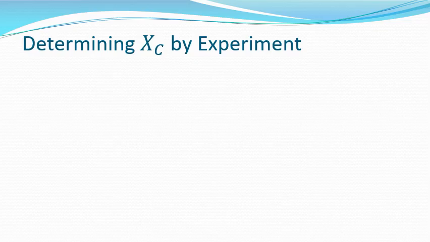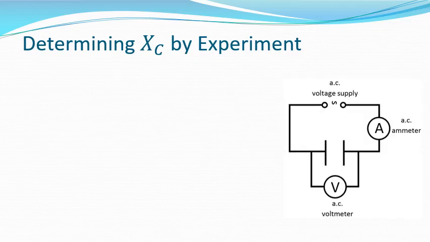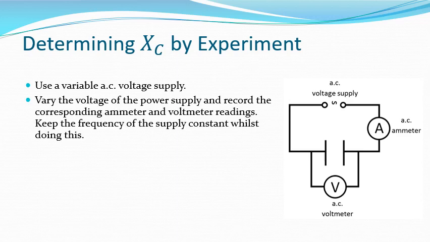A much better way of doing this is to work out the reactance across a range of different voltages. So if we take a variable voltage supply and we vary the voltage of the power supply, and we record values of the current and the voltage, and we can repeat our readings, so we can reduce our random uncertainty and improve our reliability.